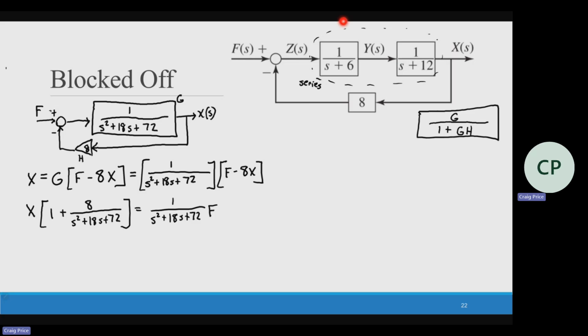I just added that to both sides. We can combine these. So if I multiply it all by that denominator, this is s squared plus 18s plus 72 plus 8, which is 80.